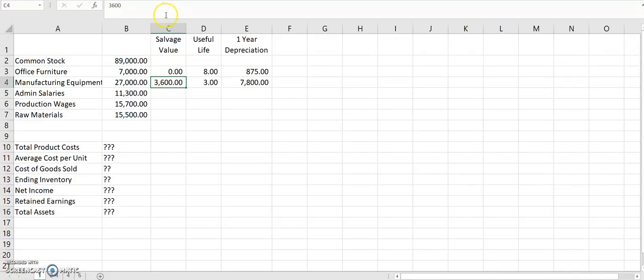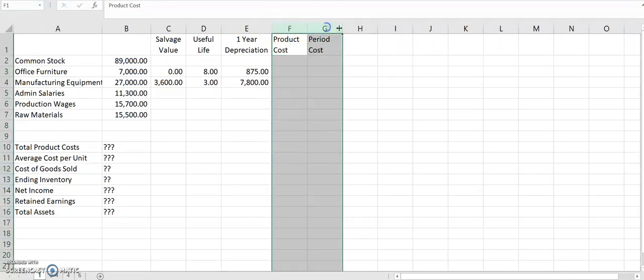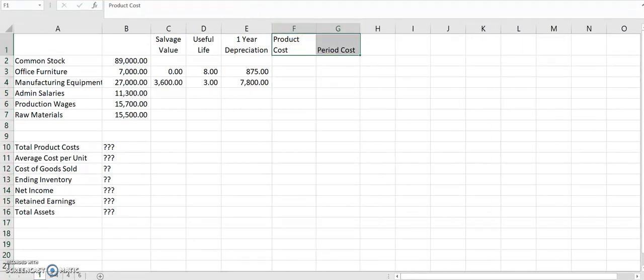So we need to calculate the total product cost. That's our first question. So how are we going to do that? Well, let's decipher each of these items as either a product cost or a period cost. Remember, our product costs are the items that we think about for our manufacturing process, and our period costs are more in line with our administrative type costs.